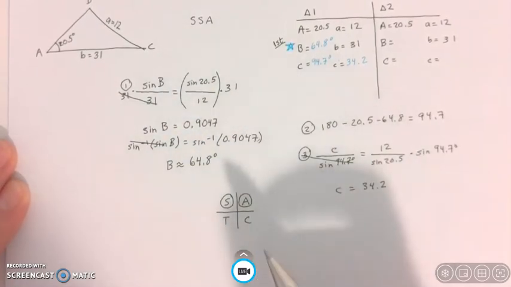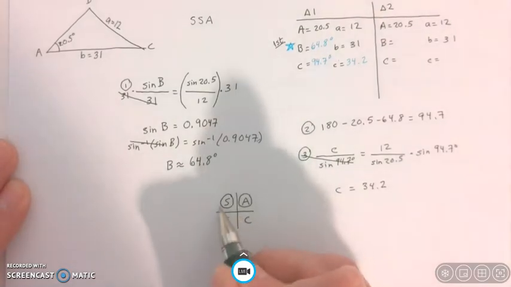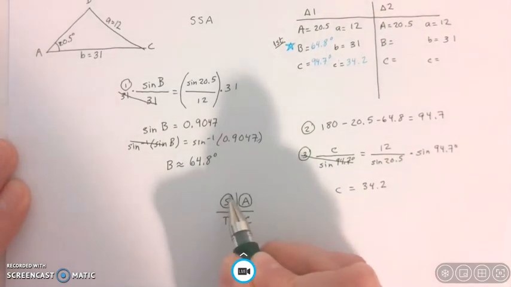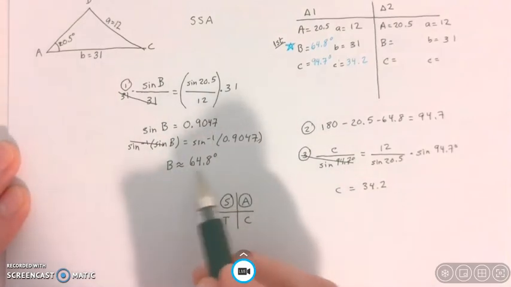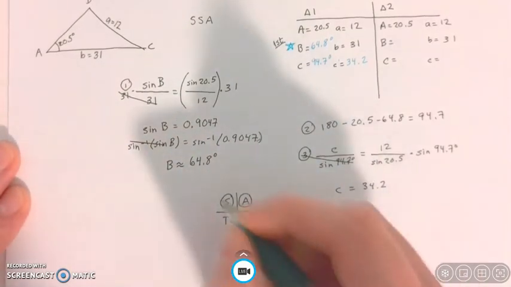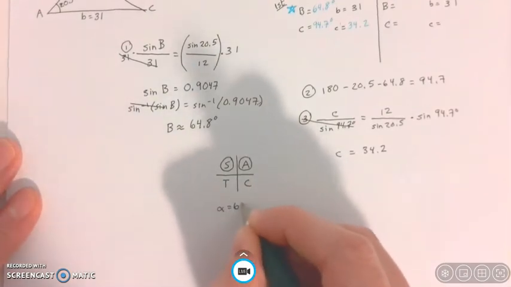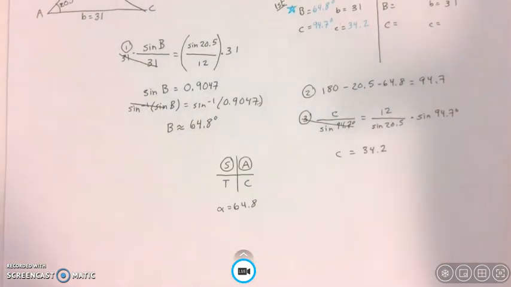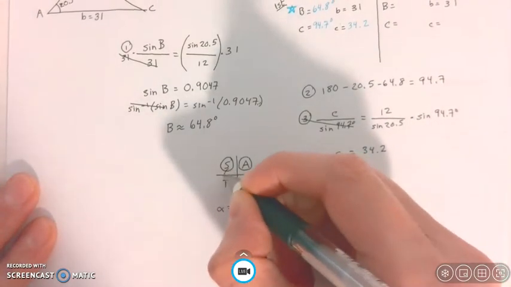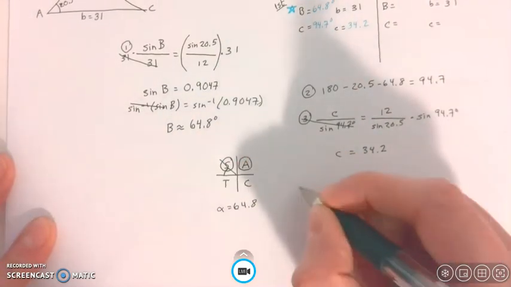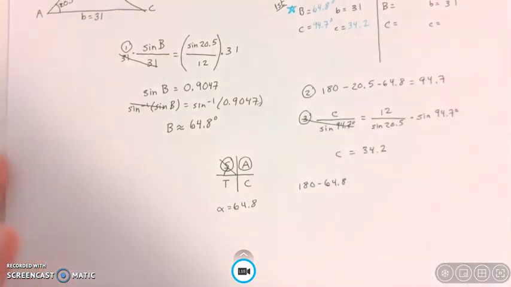But it's also quite possible that there could have been a quadrant 2 angle, right? So what I'm going to do is use this angle as a reference angle. So I'm going to say that alpha is 64.8. All right, and I'm going to go 64.8 degrees into quadrant 2, right? So I'm technically doing 180 minus 64.8.